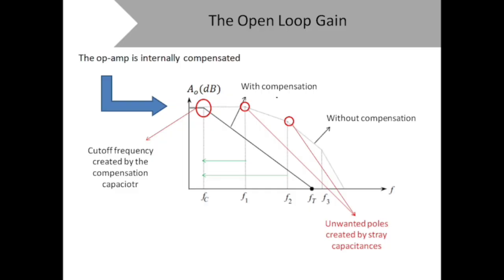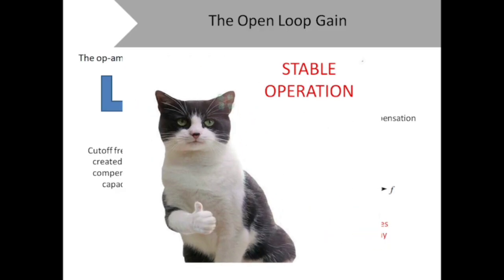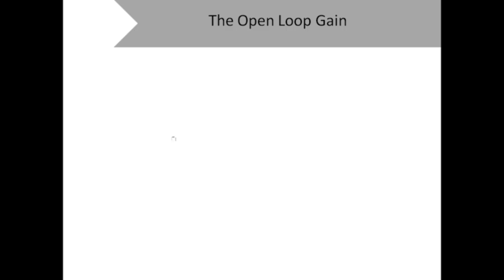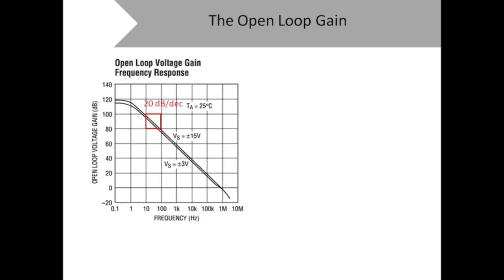As a result, it effectively controls the overall transfer function and guarantees stable operation when the op-amp is used with feedback. Starting from the compensation capacitor's cutoff frequency, the open loop gain begins to decrease at a rate of 20 decibels per decade, which is the characteristic slope of a first-order system.